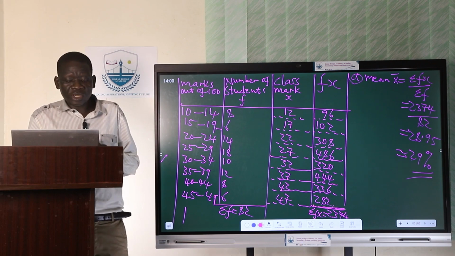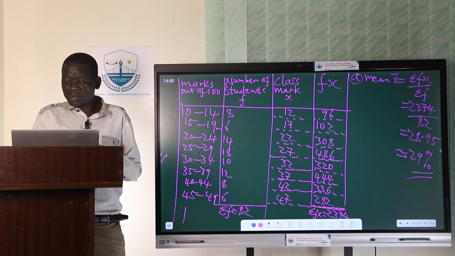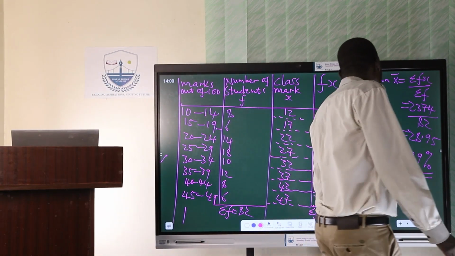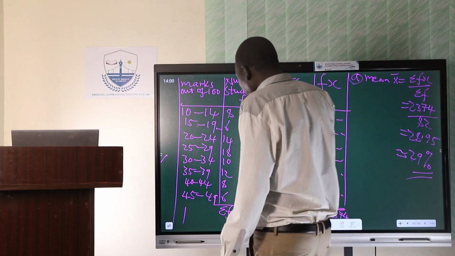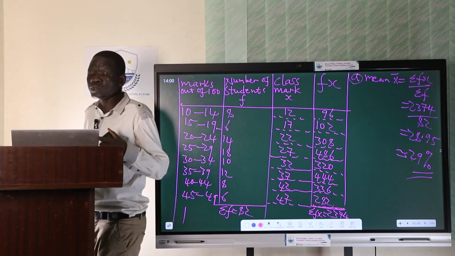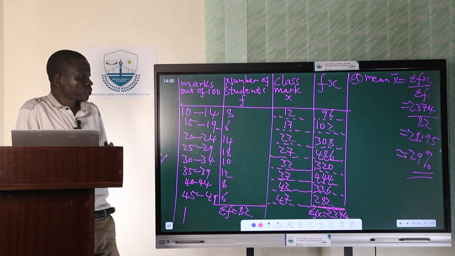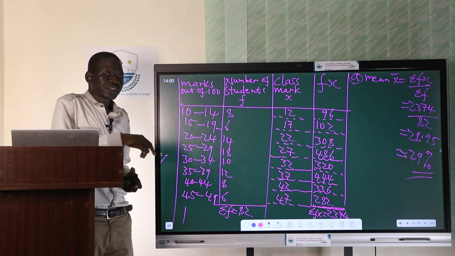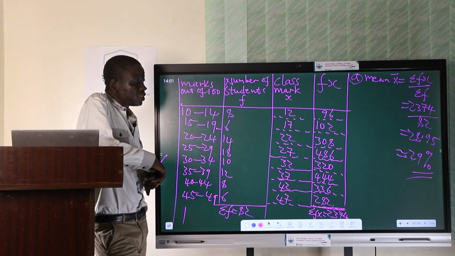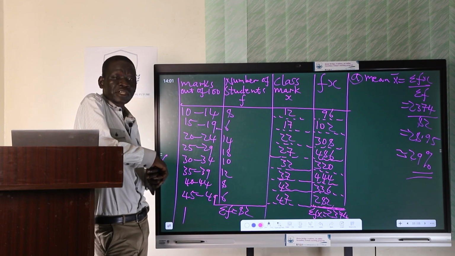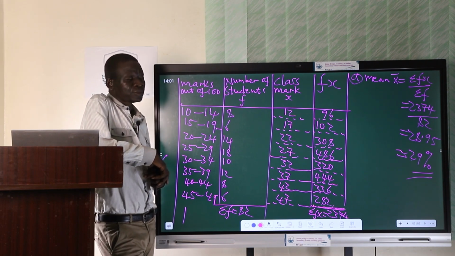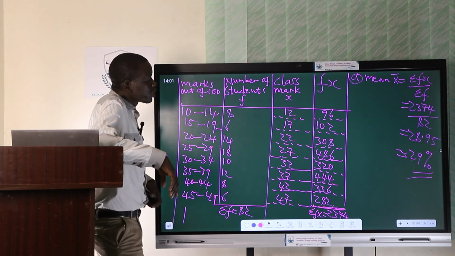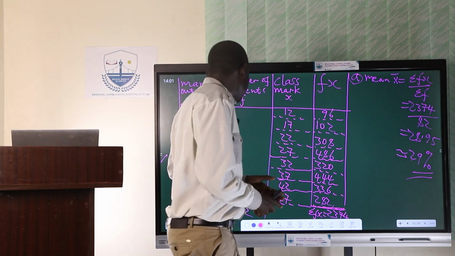They also want us to calculate the mode or the modal mark. To calculate the modal mark, what we shall do, we first establish the value of the modal class. We first find the modal class. So after finding the modal class, it is in the modal class where the mode lies. So the modal class is the class corresponding with the highest frequency.